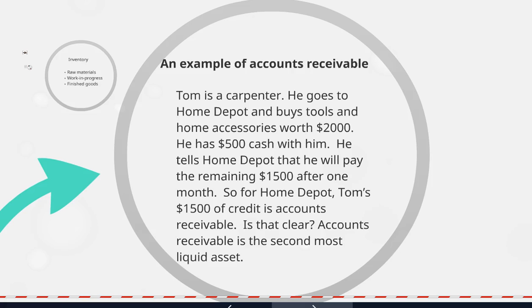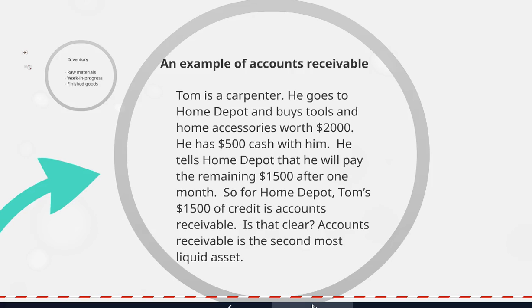Tom is a carpenter. He goes to Home Depot and buys tools and home accessories worth $2,000. But he has only $500 cash with him. He tells Home Depot that he will pay the remaining $1,500 after 1 month.